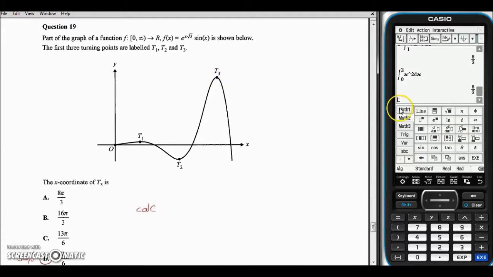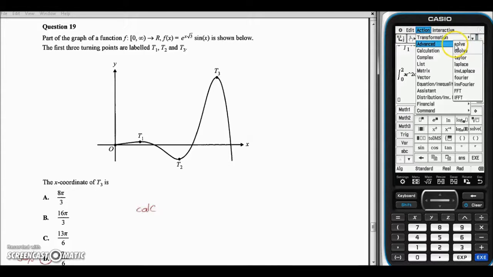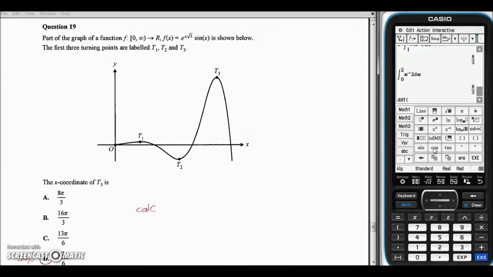So what you could do, you know that the stationary point is when the derivative is equal to 0. So what you could do is differentiate it and set it equal to 0 and find where the stationary points are. And it's the third one. So I'll show you what to do.